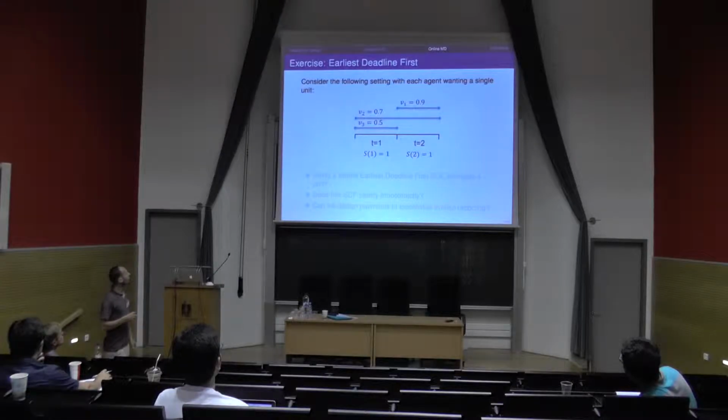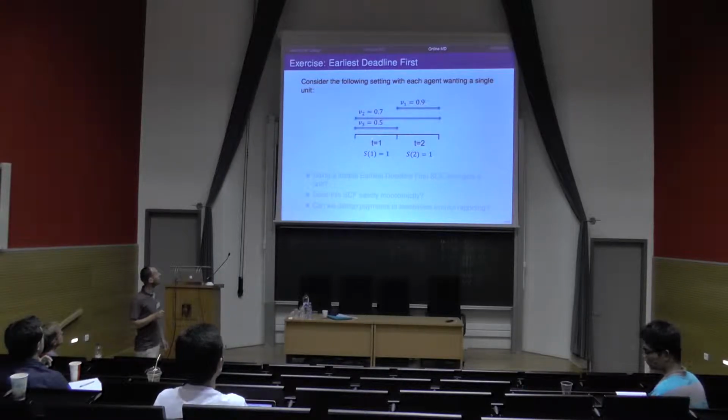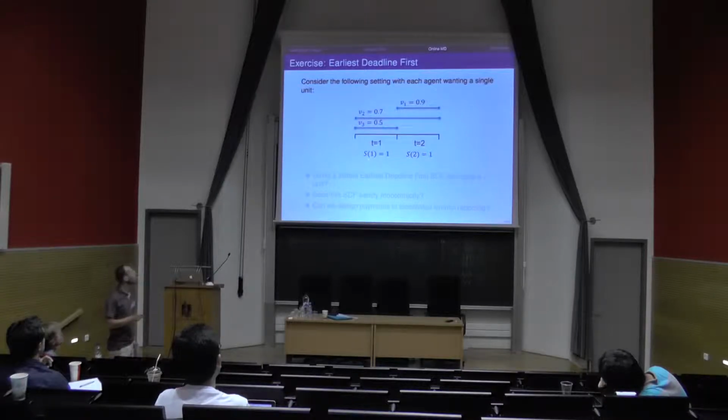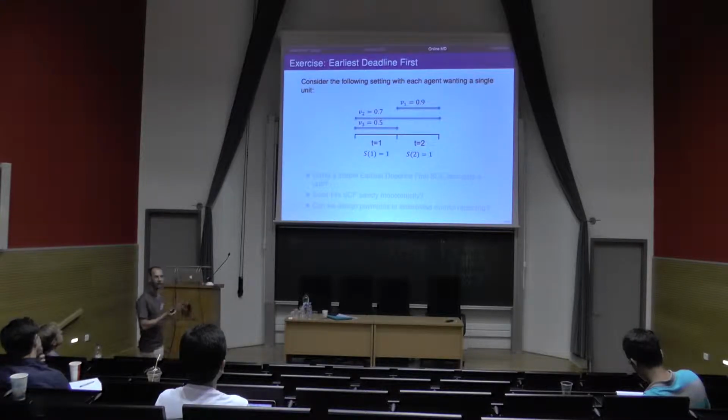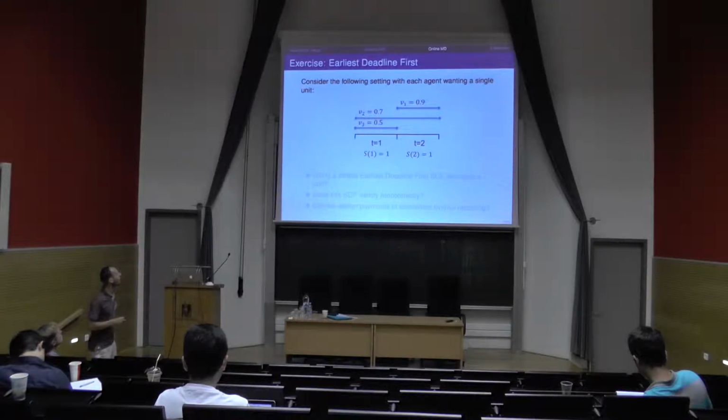Okay. So we look at this setting here, where we have two time slots, the same setting I had before. At every time slot, there's one resource available. We have to auction off this one resource. So there's one resource available at time step 1, and one resource at time step 2, and let's assume perishable. So this resource disappears if we don't allocate it immediately, like in the electricity setting.